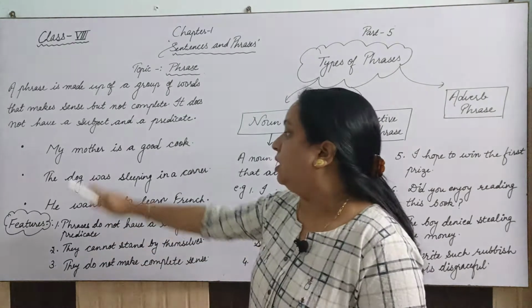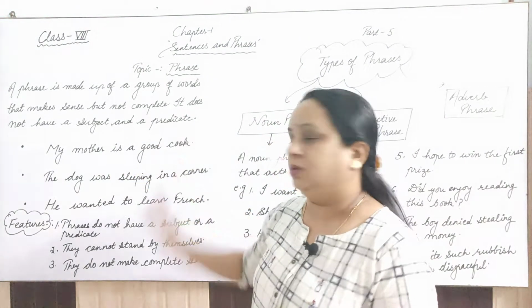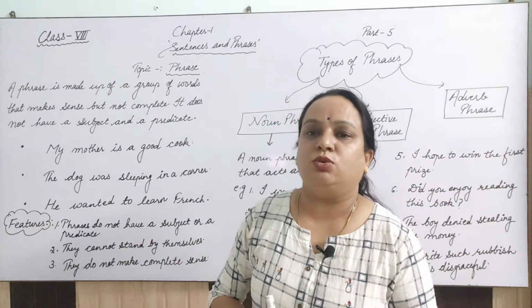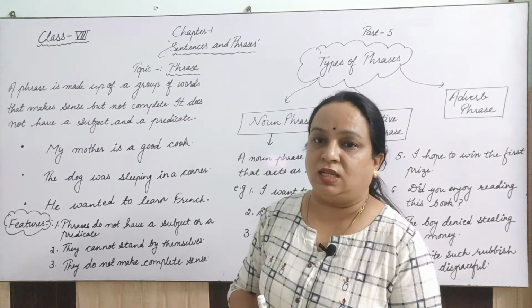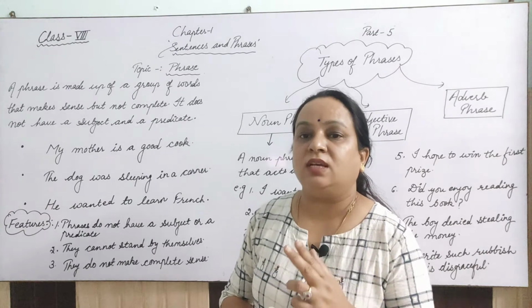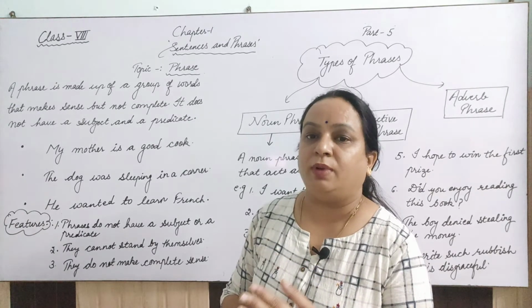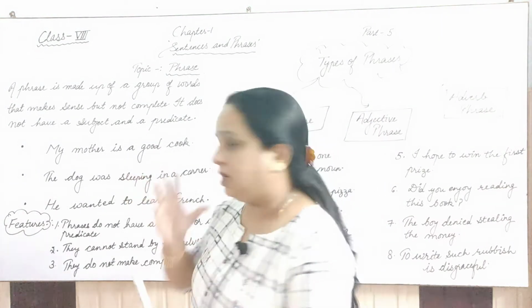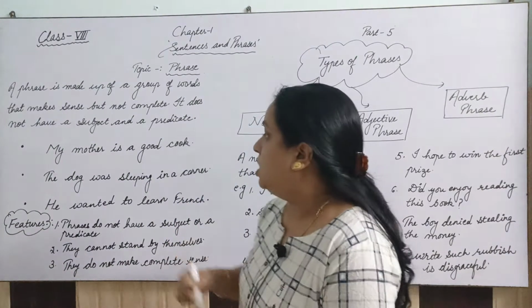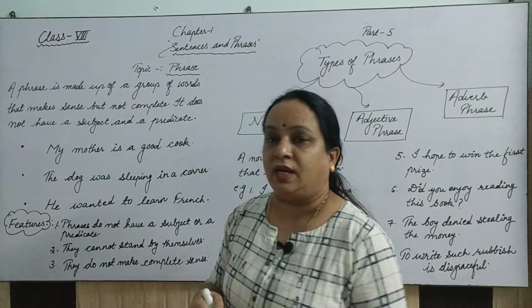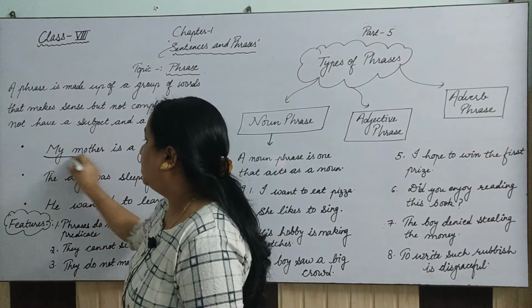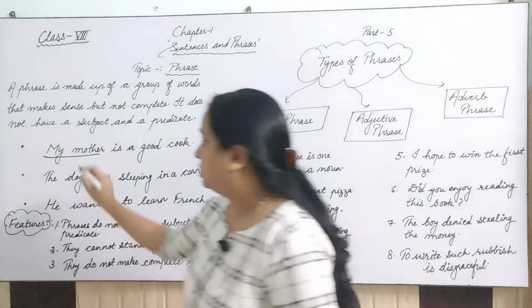Now let's see, my mother is a good cook, right? And if I'll say you to find out the phrase in the sentence, so how you will do? As I've told you, that will not have a subject and that will not have a predicate, the verb. So my mother, what is that? My mother is a subject, clear?